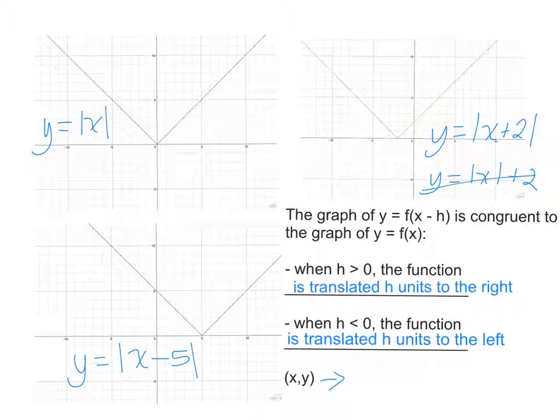When we look at the mapping rule, which value changes now, the x or the y? X. The x. And what happens to the x? For the mapping rule, the y is going to stay the same, so I'm going to leave that as a y. But what do we have to do to the x value to get the new graph? Is it minus h or is it plus h?